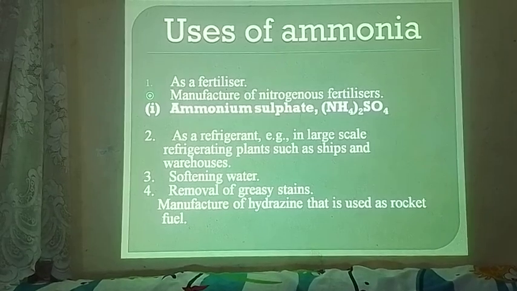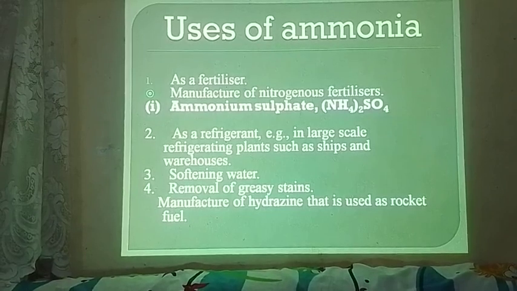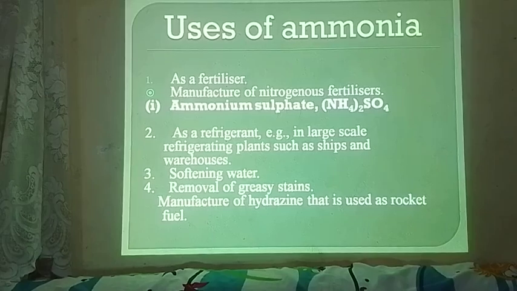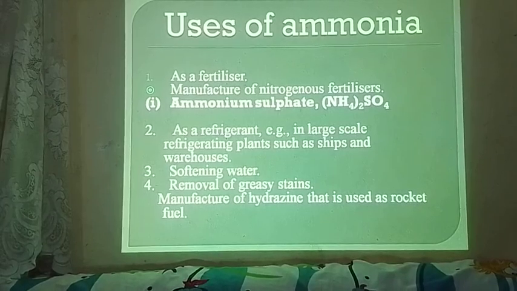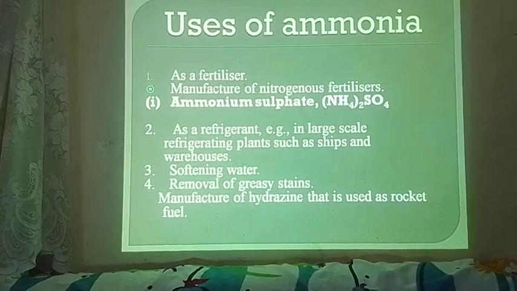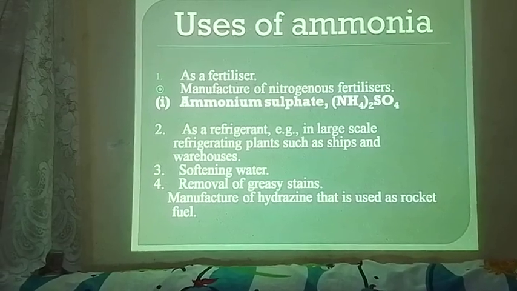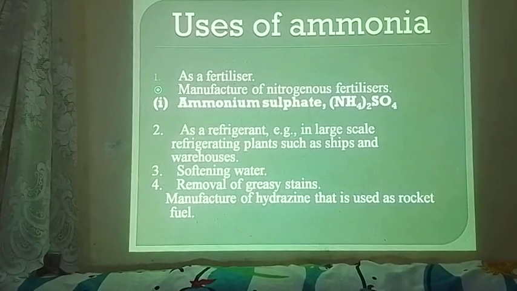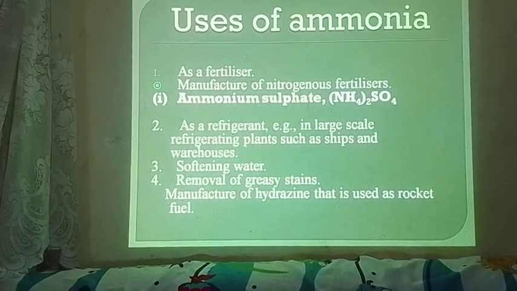Next use is that it acts as a refrigerant, e.g. in large refrigerating plants such as ships and warehouses. That's where we use ammonia to act as a refrigerant. Number three, it can be used to soften hard water.